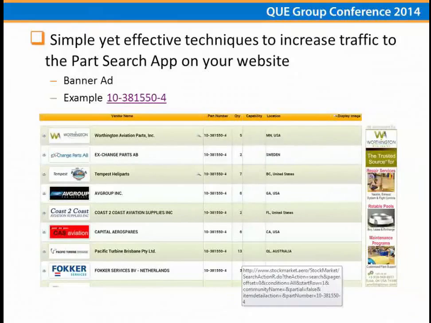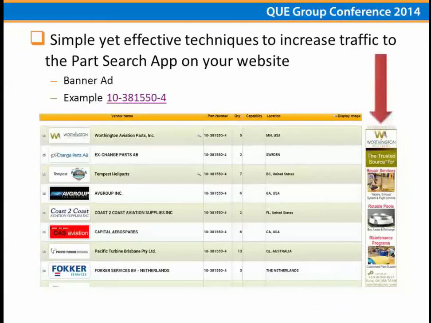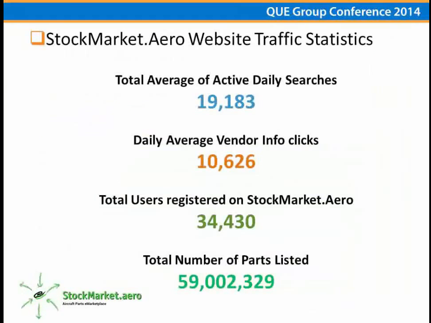you have an average active daily search of around 20,000. Daily average vendor info clicks, around 10,626. And I mentioned serious buyers. Most of them send RFQs, but many of them actually pick up the phone and give you a call.